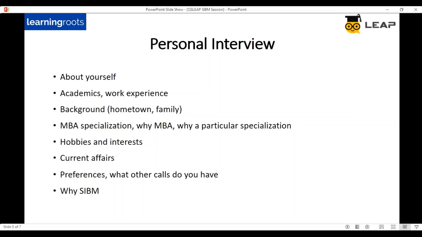There will be a person who will be assigned for your group, and that person will answer all your queries about SIBM or the process, and they will make sure that your experience at SIBM is a pleasant one. So this is something that you can probably talk about in the interview in case you don't have any other answer for why SIBM.